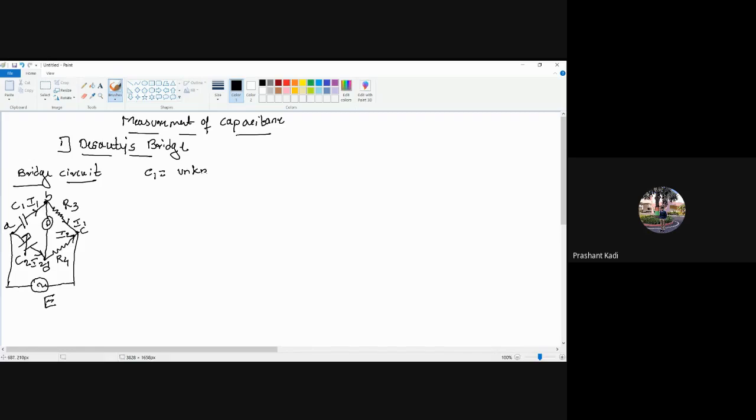Normally in practice we connect headphones or high sensitivity ammeters. C1 is the unknown capacitor. Then C2 is the standard capacitor.